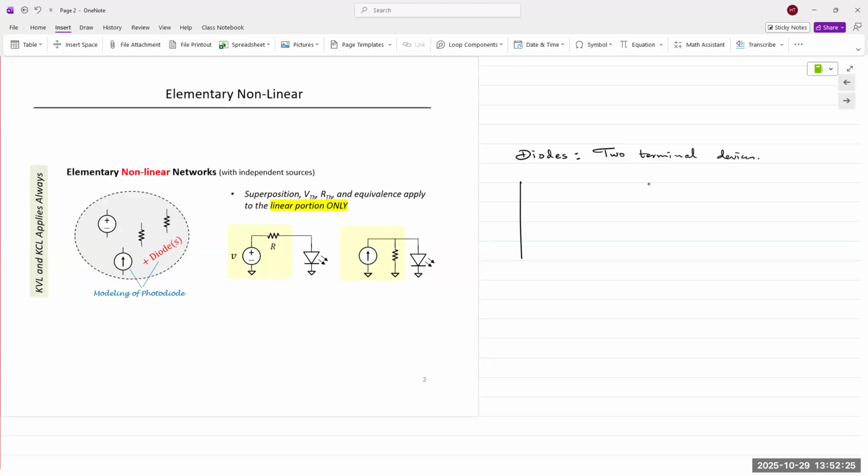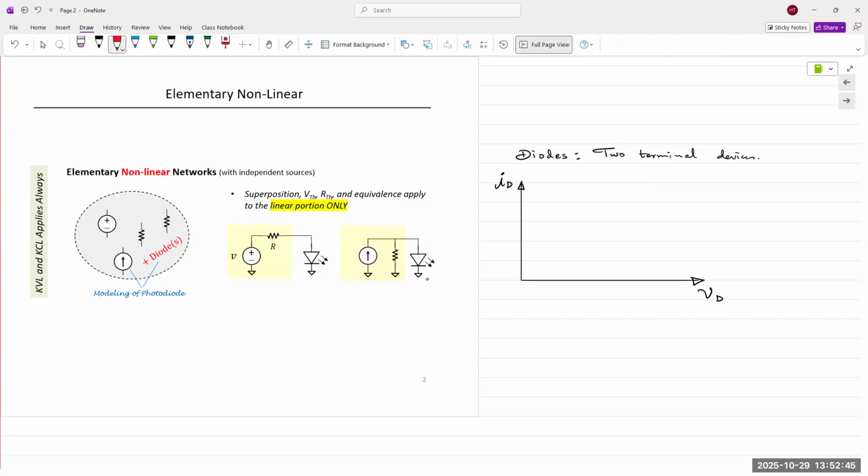If we plot, we introduced VD and ID. So if we plot diode current as a function of diode voltage, the characteristic looks something like this. It's non-linear over its entire portion.